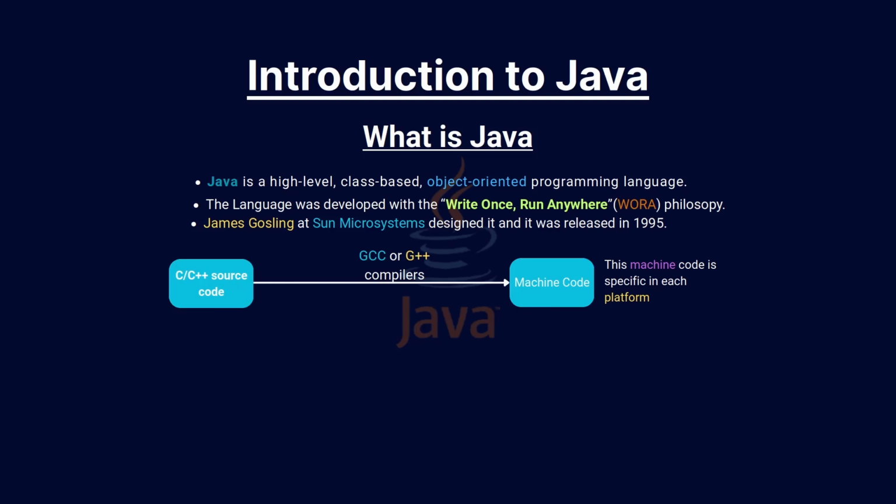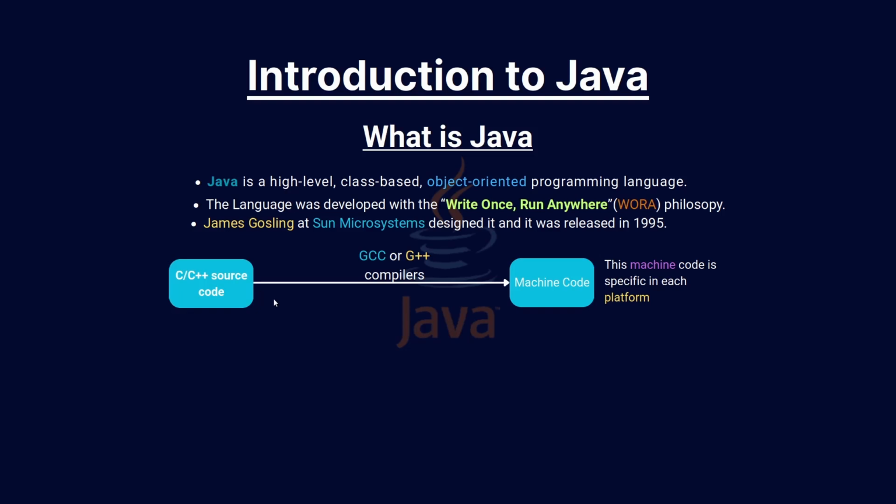If I take that machine code to another platform like Mac OS, it cannot work. I need to recompile the source code again into a Mac OS specific machine code. You see? So that means that if I am changing platforms, I need to compile this source code again.